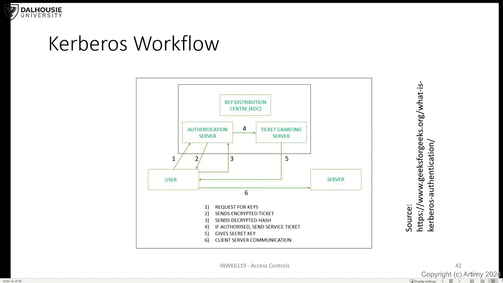Because the user already has symmetric key cryptography between it and the system, and they have a shared key, the user will be able to decrypt the information in the ticket and send it back to the authentication server. The authentication server says, okay, this must be the right user because it was able to decrypt the message. The message is a hash anyway.